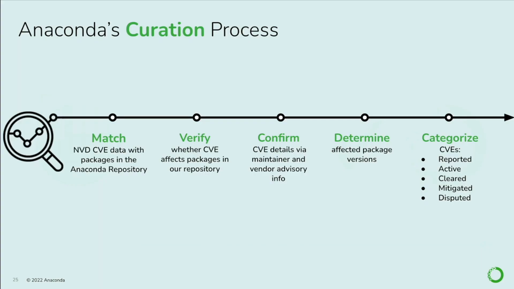To dive a little deeper into that process, essentially we match up the CVE data with the packages in the repo, and verify that those CVEs are actually components within our repo. Then in this determine stage, Anaconda staff members are hands-on keyboard, going through and determining: are these version bounds correct? Is this CVE appropriately associated to this package, or is it wrongly associated and should be categorized against some other package?